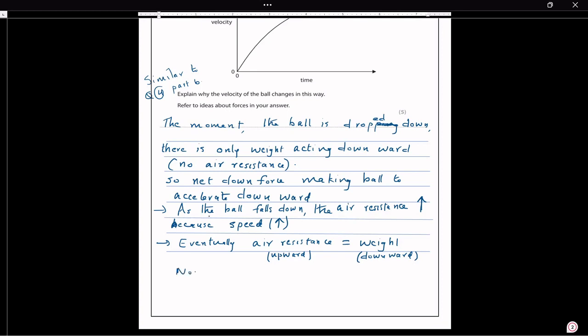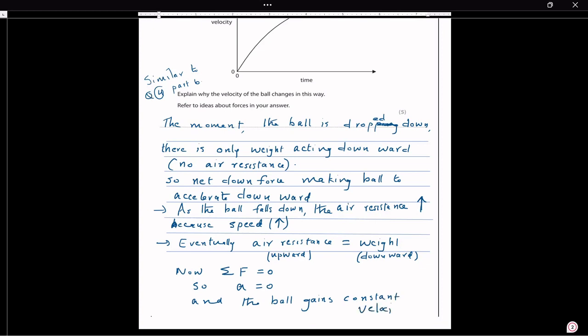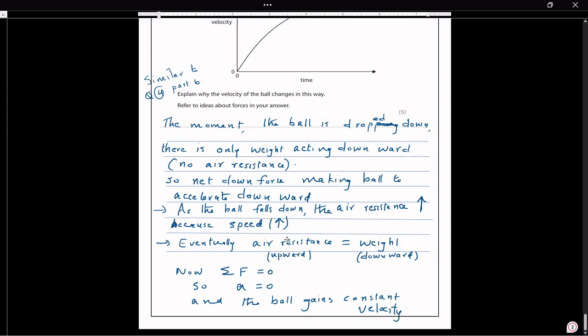Now, what is the net force? Net force, sigma F, equals 0. So acceleration equals 0 and the ball gains constant velocity.